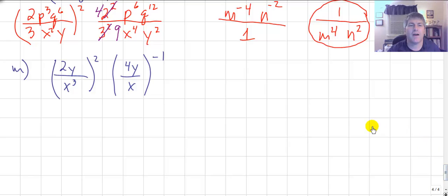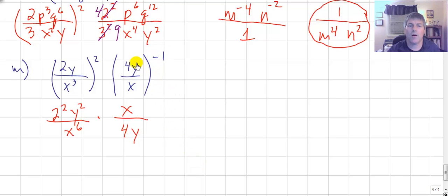And on to our final sample problem, 2y over x cubed quantity squared, which is 2 squared y squared over x to the 6th, because I have a power raised to a power, I have to multiply the exponents, times, when this is all raised to the negative 1, well, this I can just flip and get x over 4y.